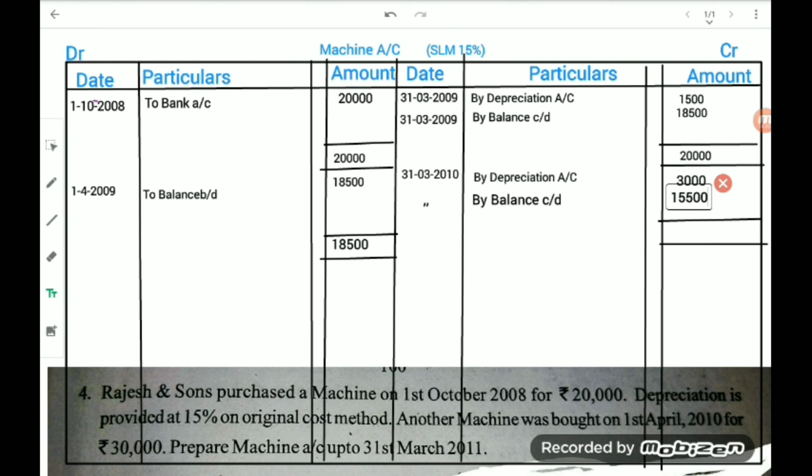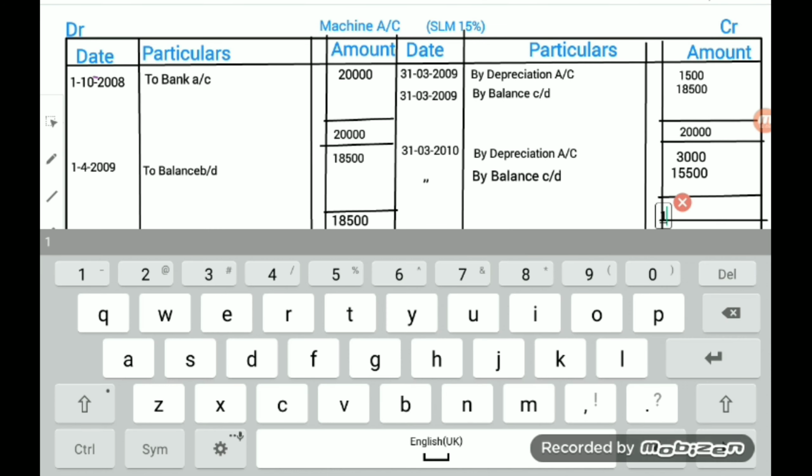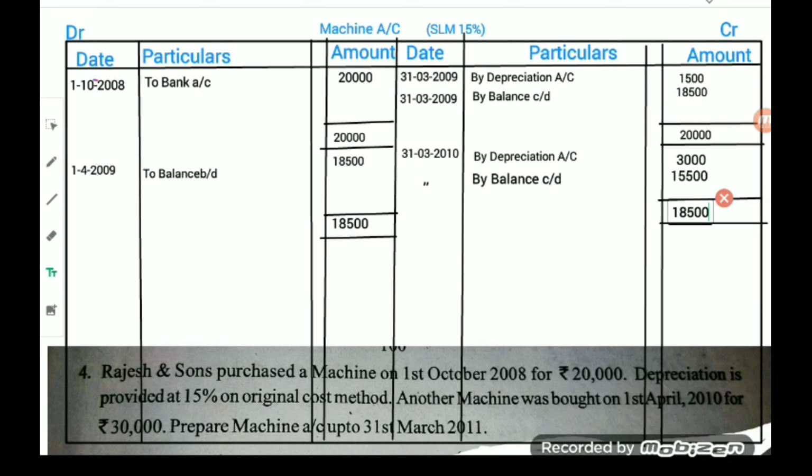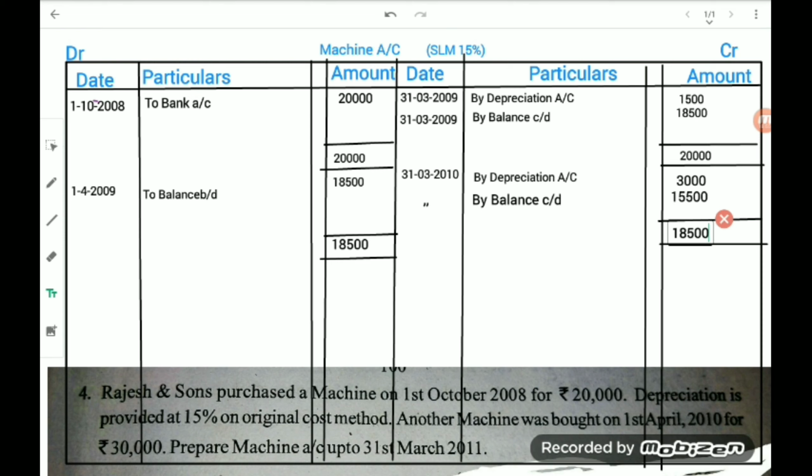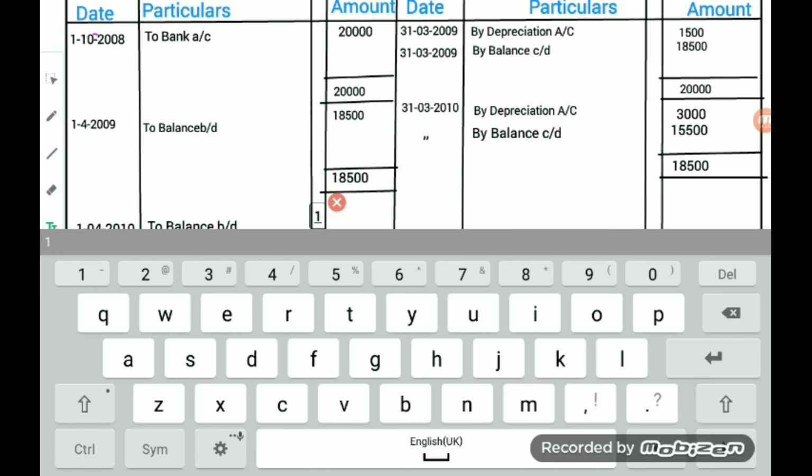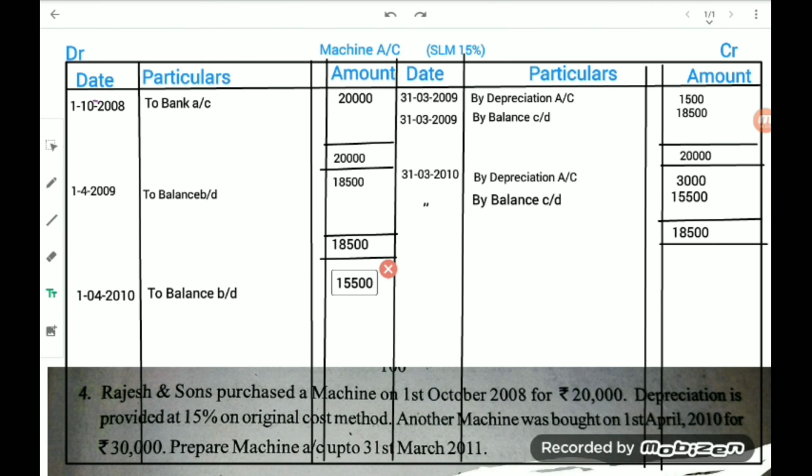It is our balancing figure. Now both sides are matched and tallied, as it is a ledger, 15,500. Next, for the next year, 1st April 2010, the balancing amount is 15,500, after deducting the depreciation of the first year and second year.